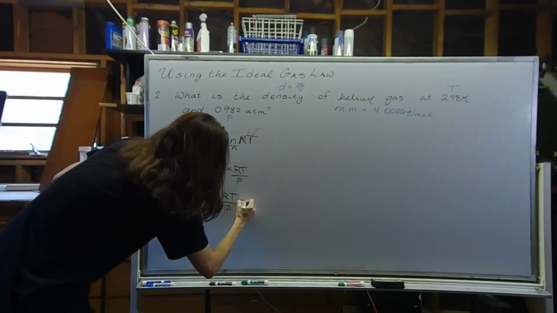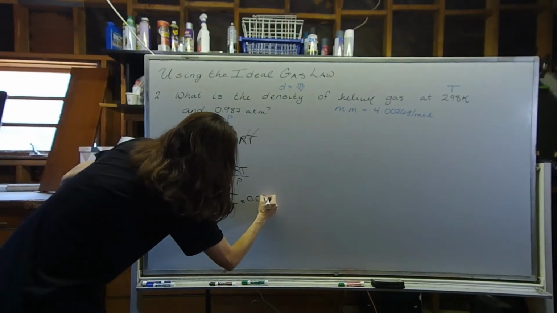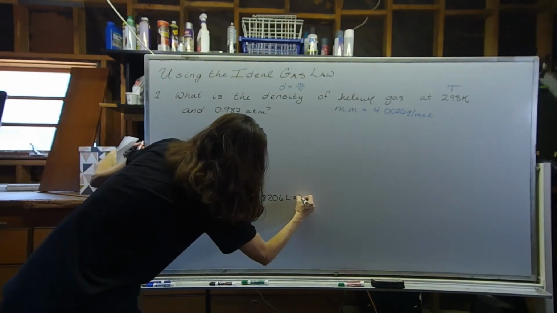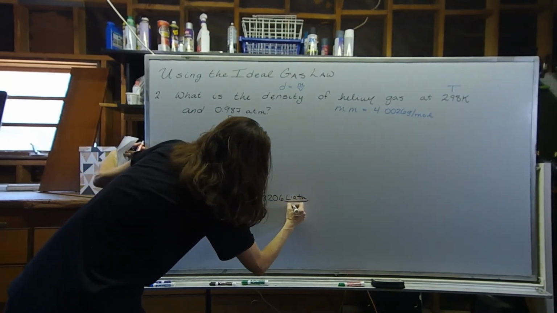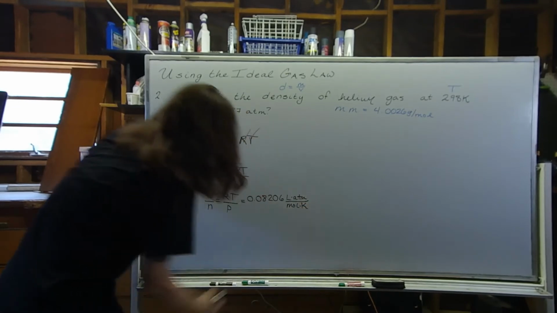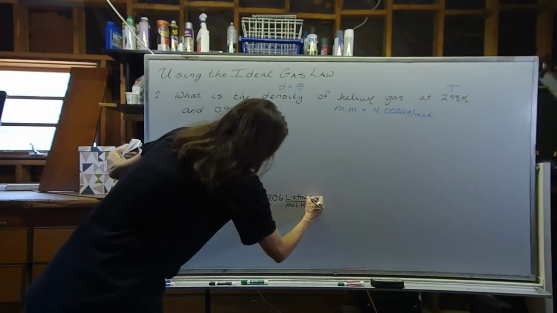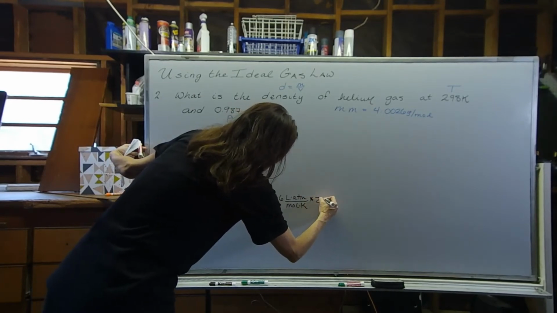We'll do 0.08206 liters times atmospheres over moles times Kelvin. Our temperature is already in Kelvins, perfect. So 298 Kelvin.